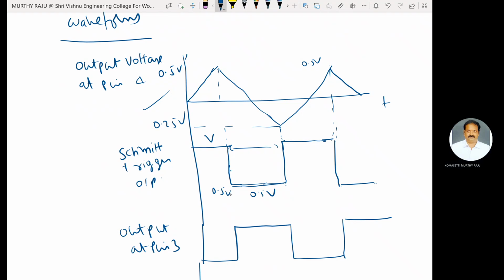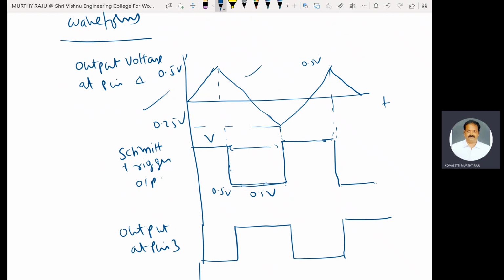Whenever the output of the Smith trigger is 0.5 volts, the voltage at the non-inverting terminal of op-amp A2 is 0.5 by 0.25. Therefore, the capacitor is discharged to 0.25. Whenever the capacitor is completely discharged, the Smith trigger output changes again to V volts. The same analysis is repeated.